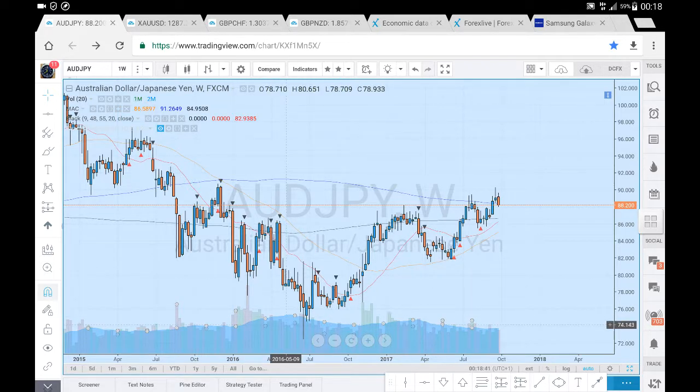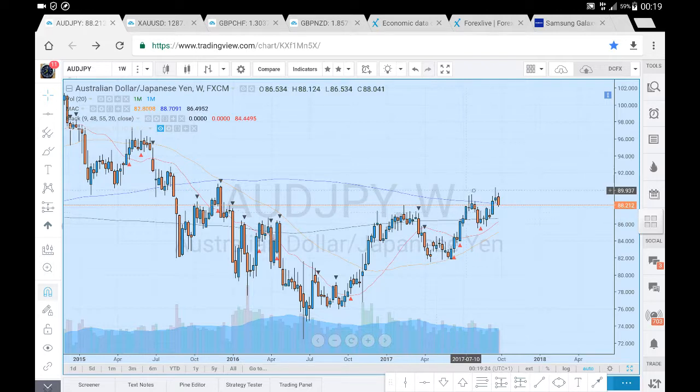We've had the low, and we've posted a higher low, and we're currently on the weekly time frame into 200 period moving average resistance in and around this 88.20 level, not breaking down from it, but there does appear to be quite a bit of turbulence around this moving average.